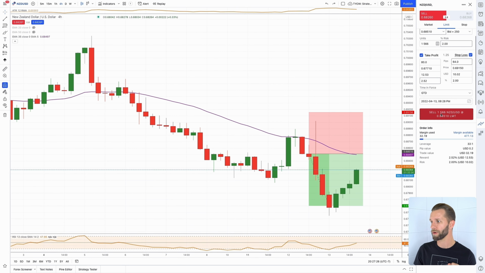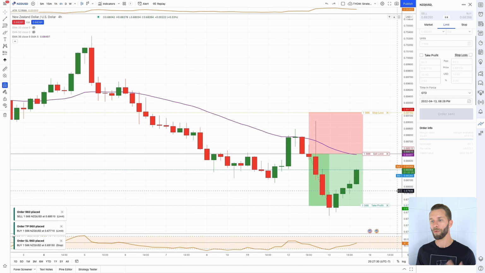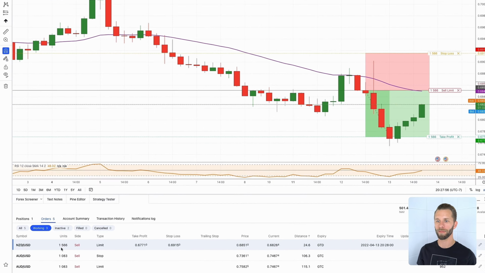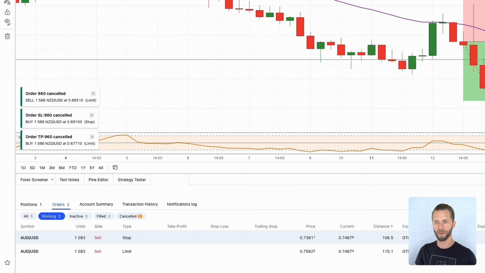Once I submit this order, we can see our sell limit is ready. Now I will wait 1 minute and the order should cancel itself. We can see this order under my working orders tab, and it is due to expire, and it has now been cancelled. This is particularly useful for stop orders if you want to cancel it after a certain amount of time if you feel price is moving in the other direction.